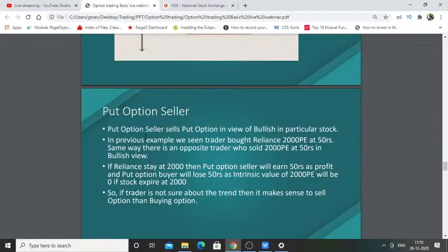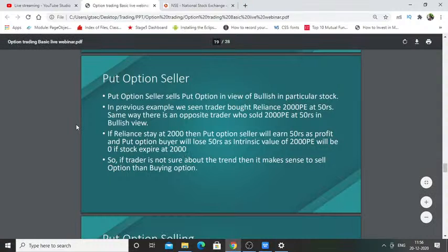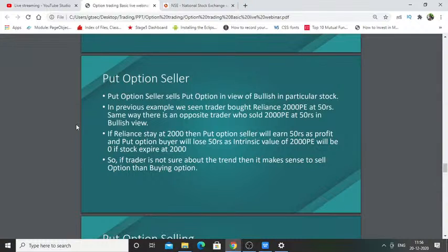So any doubts till now for call option buying, selling or put option buying, selling? Okay, I'll be moving to the next slide.